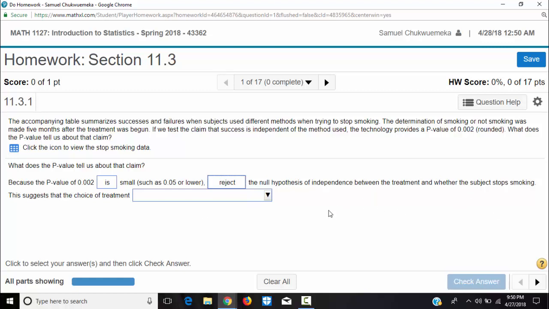Rejecting the null means that it is not independent, so there is some dependency, and that means the choice of treatment appears to make a difference.